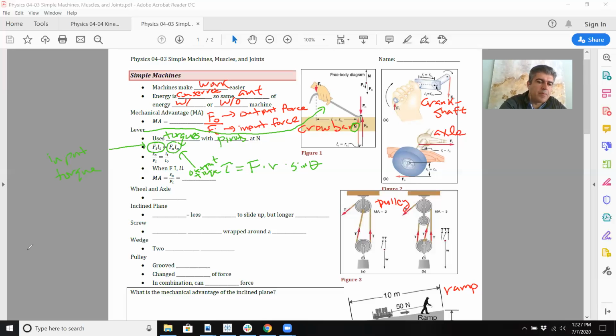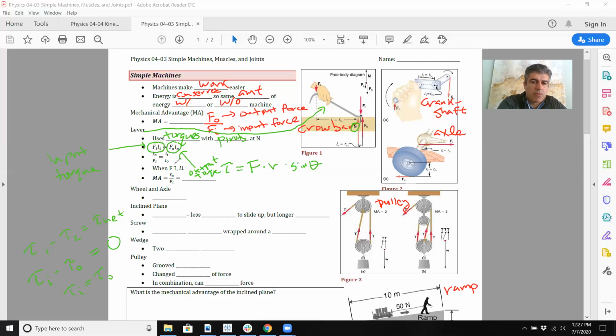And remember, that's going to be your torque net, or tau, the Greek letter we're using. And you usually want that to be 0. So in this case, you could say the input minus the output have to be the same, which makes the input the same as the output, since you want the difference to be 0. So that's what's happening here. So if you're trying to lift something, if you use a long lever, you won't have to apply as much force. You probably won't move it as much, but you'll get more output.